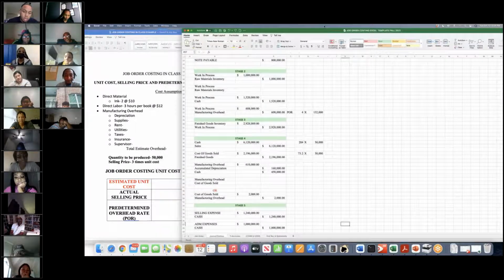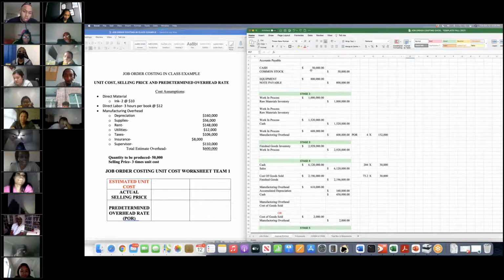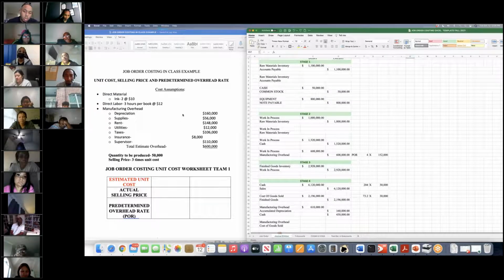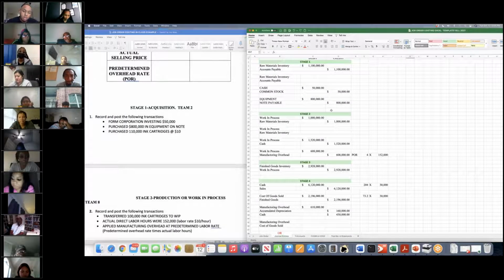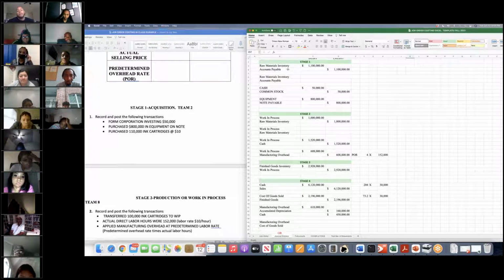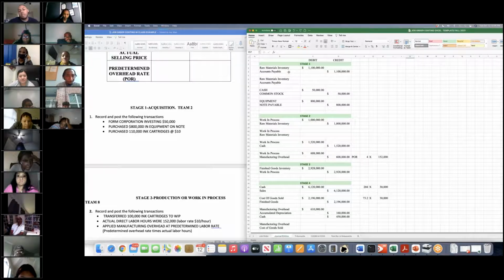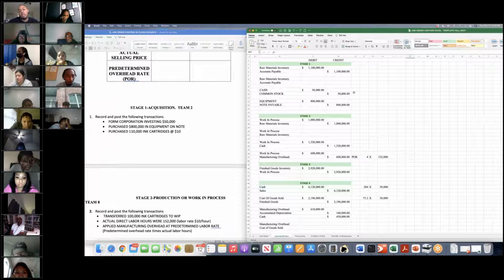Now, as we look at these journal entries, we have our stage 1 journal entries. We went over those last time. Are there any questions on the stage 1 journal entries? We bought the raw materials. We started the company, we bought the equipment.